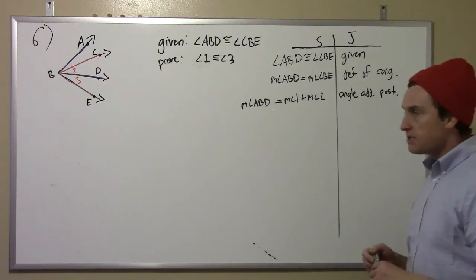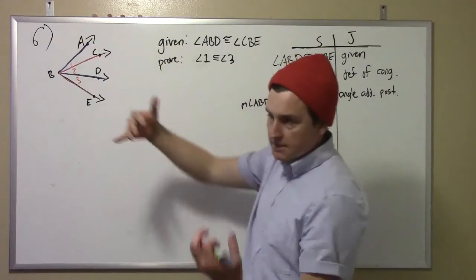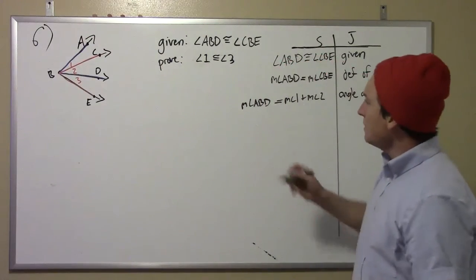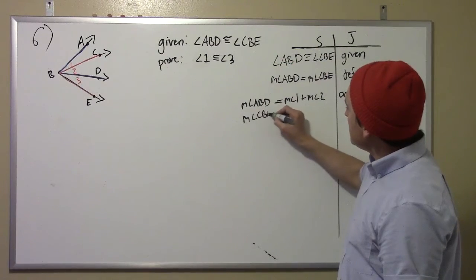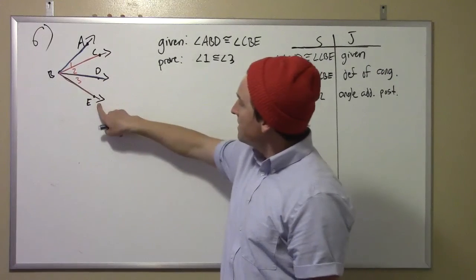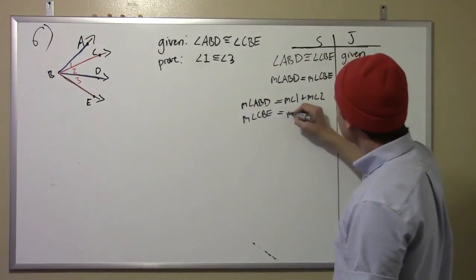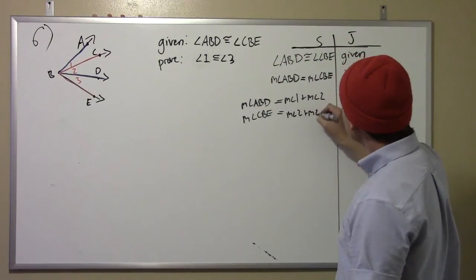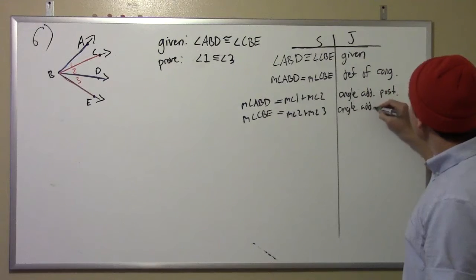Angle addition postulate says the big angle is equal to the sum of the 2 little angles that make it up. Okay, likewise, the measure of angle CBE, the red one, is equal to the measurement of angle 2 plus the measure of angle 3. And again, that's the angle addition postulate.